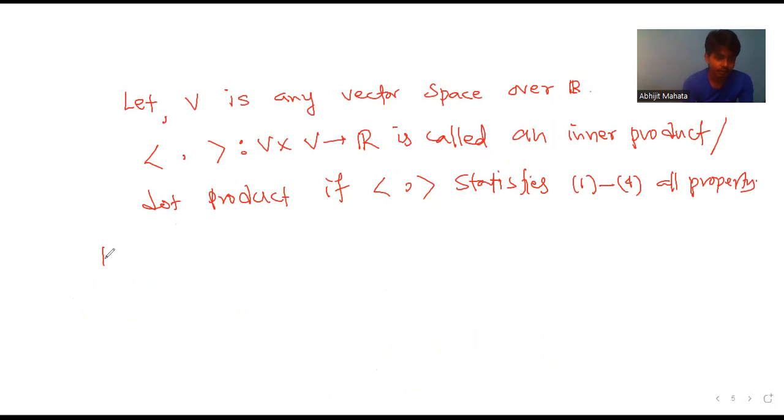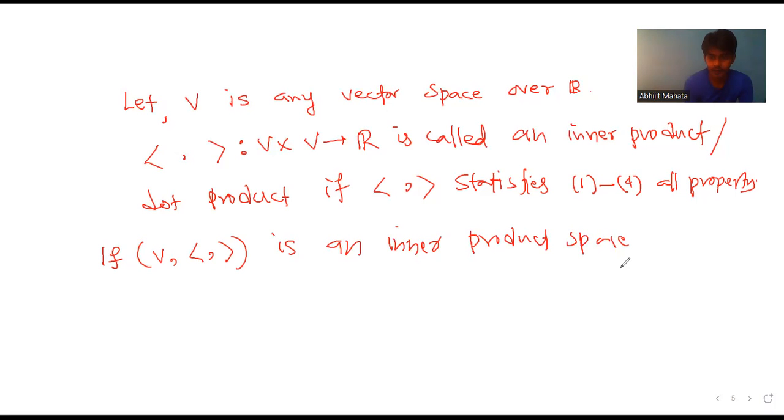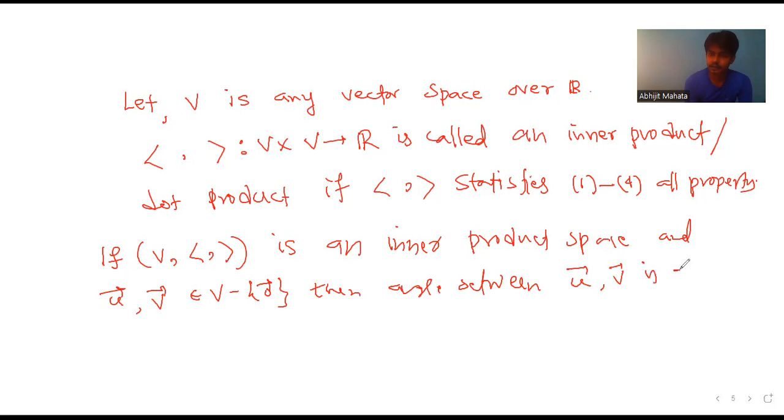So if V with dot is an inner product space, and you take two vectors, let's say u vector and v vector from V minus the 0 vector, so they are non-zero vectors, then the angle between u and v is given by the formula cos inverse of u vector dot v vector divided by the norm of u vector and the norm of v vector.